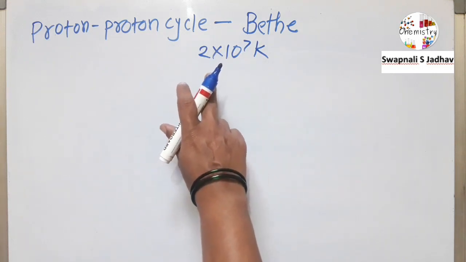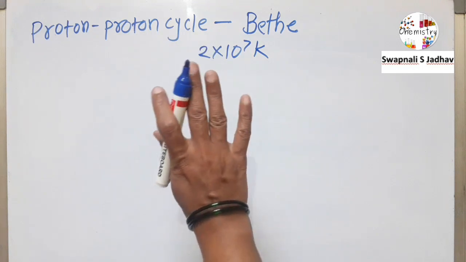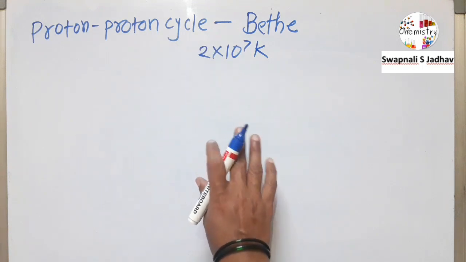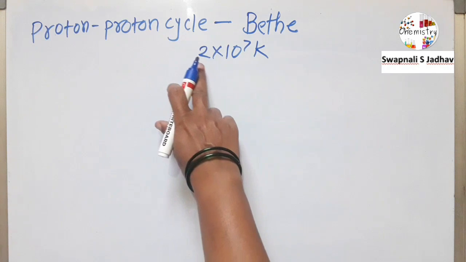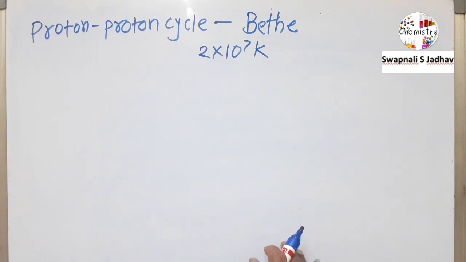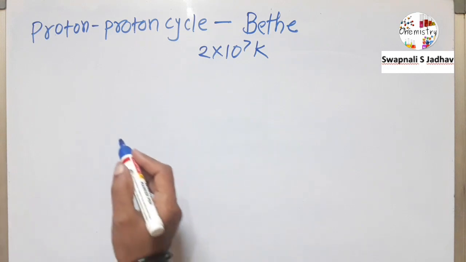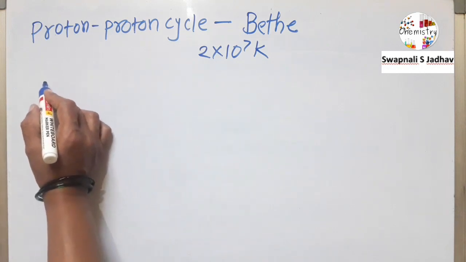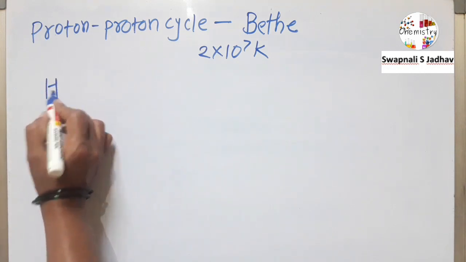So energy of sun appears to be generated by proton cycle, where temperature is about 2 into 10 raised to 7 Kelvin. So how this cycle is appeared? So here proton cycle. So starting material proton.